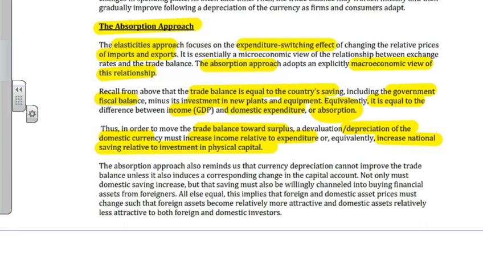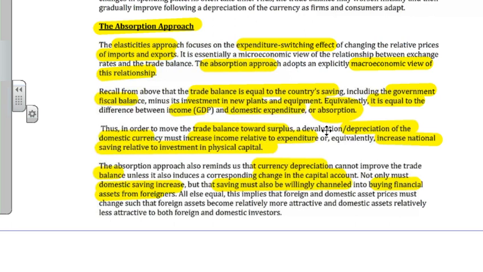The absorption approach tells us that currency depreciation won't improve the trade balance, unless, of course, it has a corresponding change in the capital account. In other words, not only do domestic savings need to increase, but that saving must be channeled. You can't just save. It's got to be channeled into the capital account, in other words, buying financial assets from foreigners.